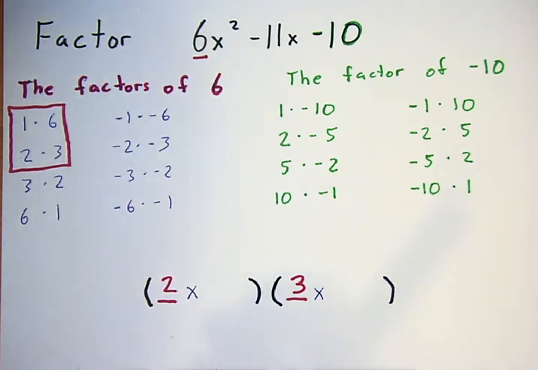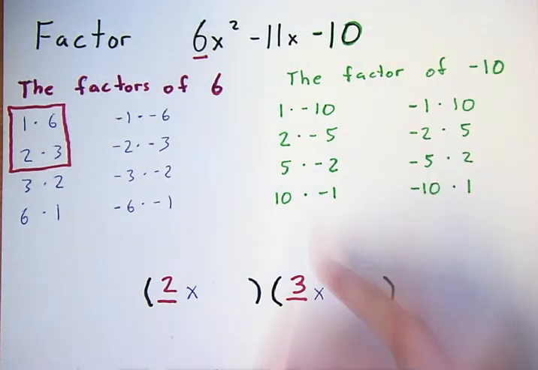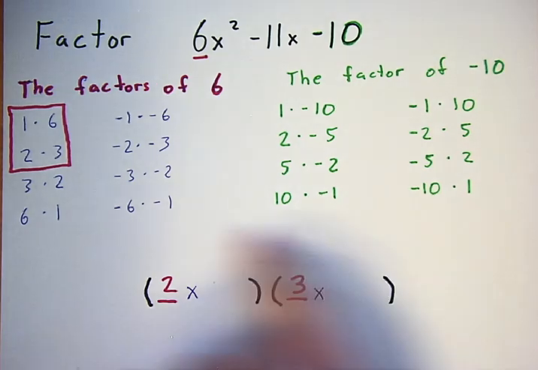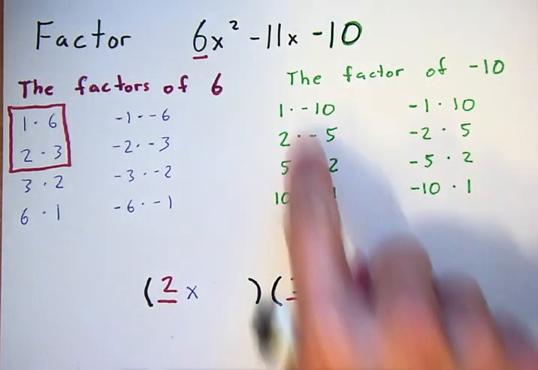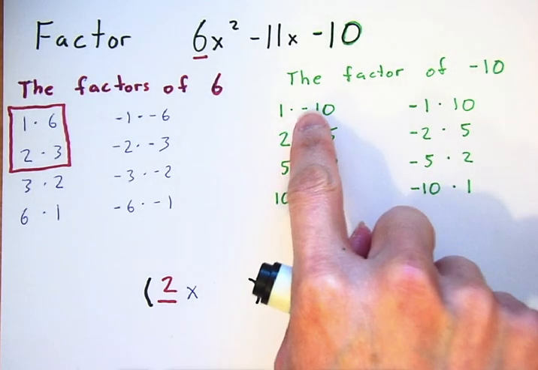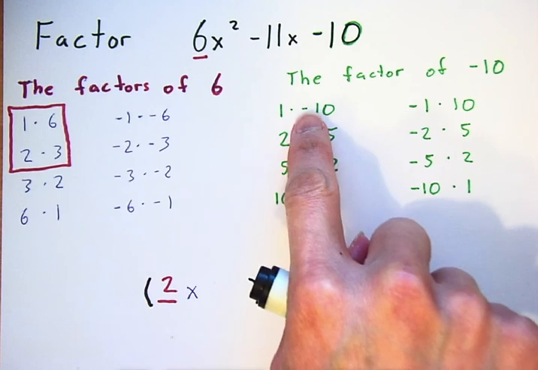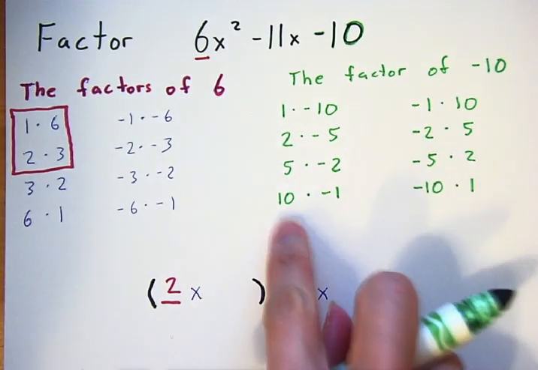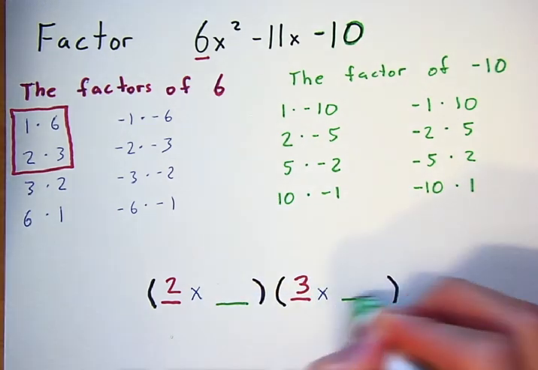Okay, so if there's a way to factor this, where all these numbers here are going to be integers, at this point, you're going to basically try some of these numbers here in these two locations.